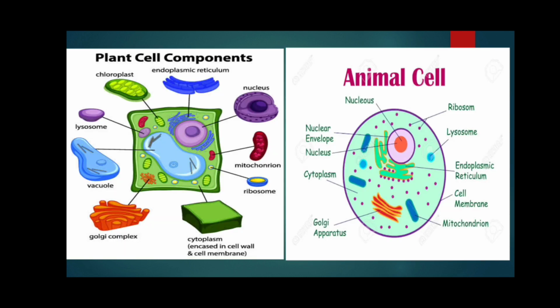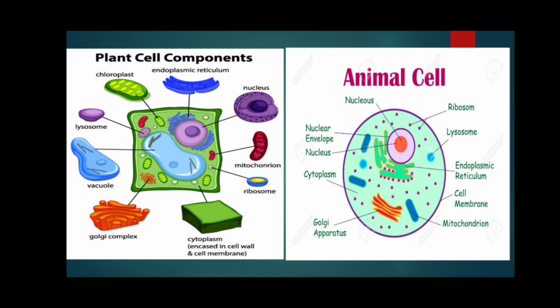Next, these are the slides which indicate the differences between plant cell and animal cell. You know that the outermost covering of the plant cell is the cell wall, whereas the outermost covering of the animal cell is the cell membrane. In plant cells the vacuole is the large organelle that covers the maximum volume of the cell.